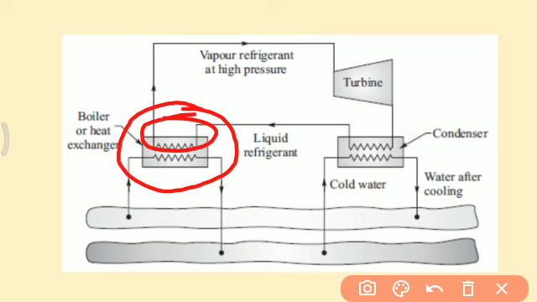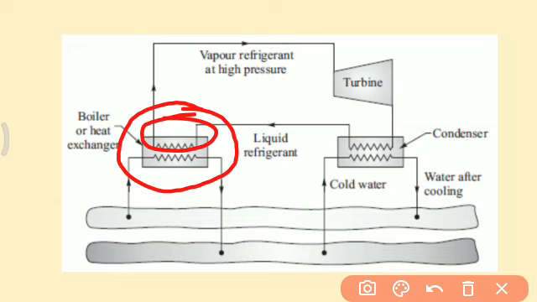So the heat energy from the water is transferred to the principal liquid, and this principal liquid then gets heated up and converted into steam. The process is the same.